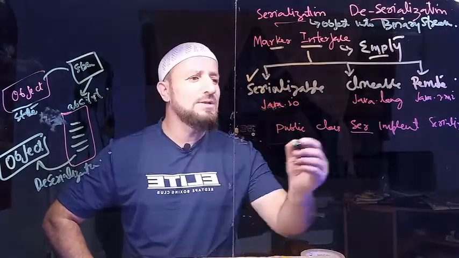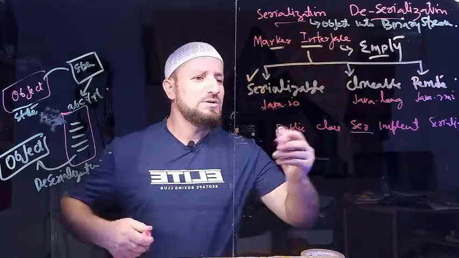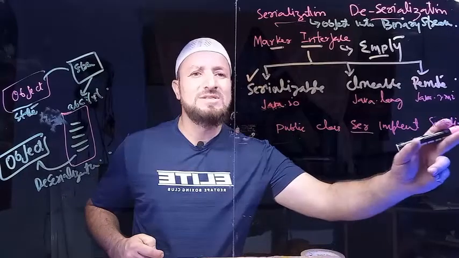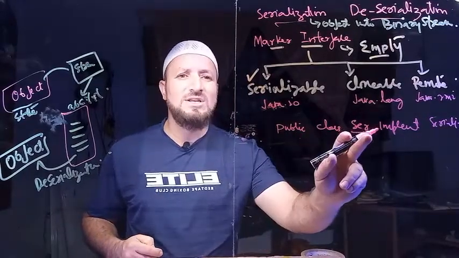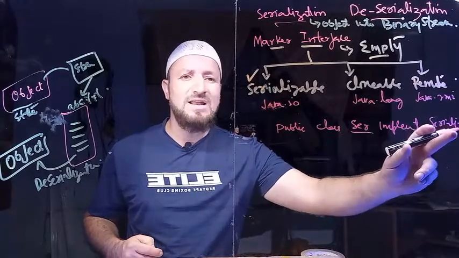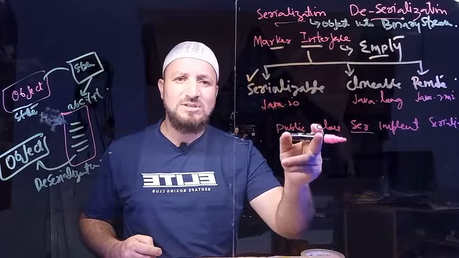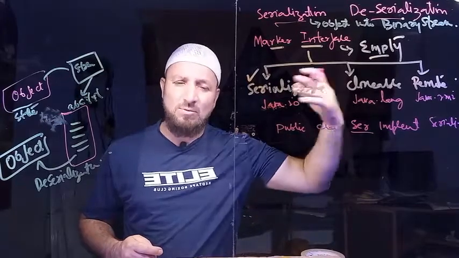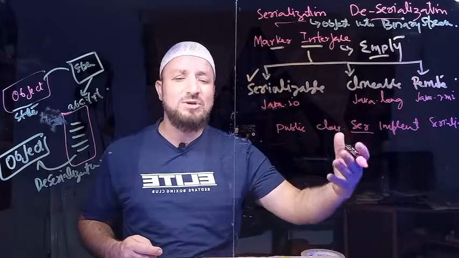So for example, this is my class here: public class ser implements Serializable. Ser is the name of the class, and it implements Serializable, which means permission is given to convert an instance of this object into a byte stream and store it into the file.